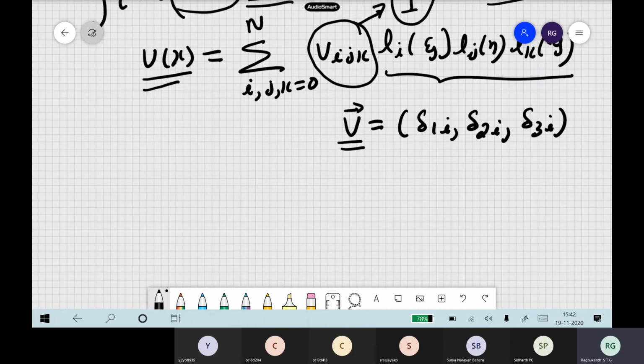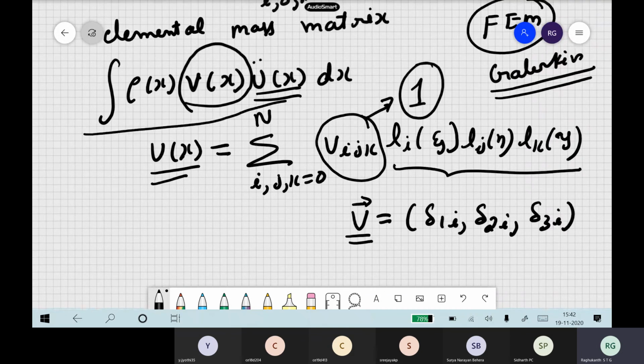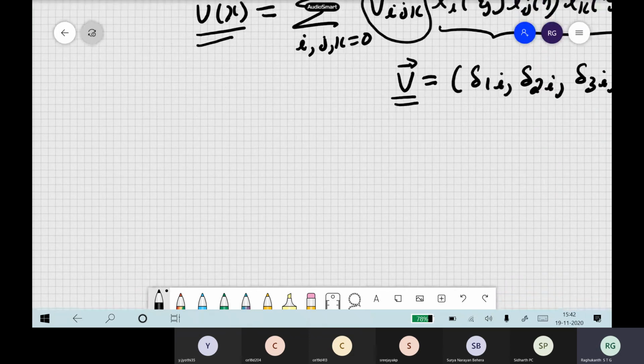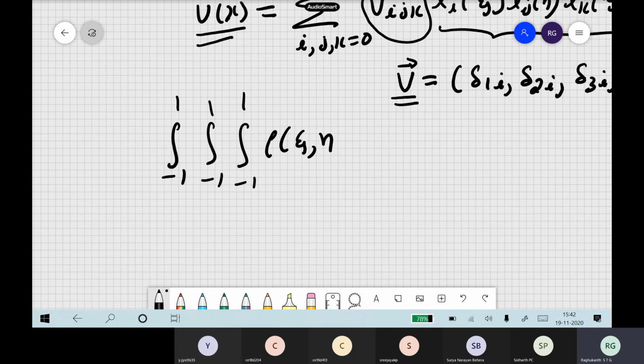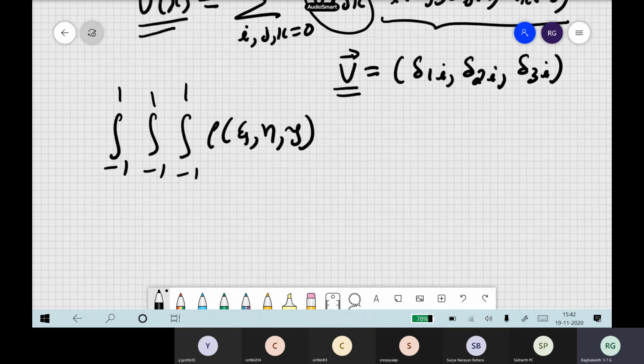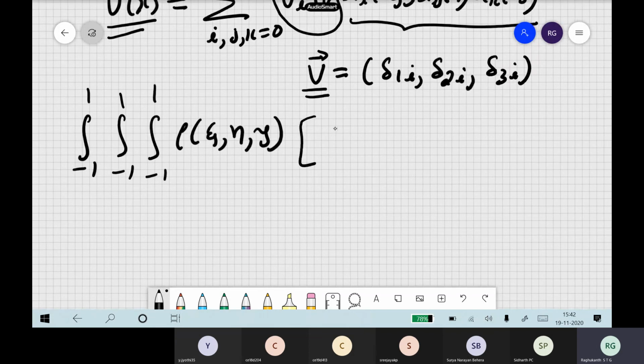So now we have to do this integration, that is with our rho. So this we transform everything to -1 to 1, and then GLL quadrature and all other things. So rho, psi, then eta, then we have this vector v.